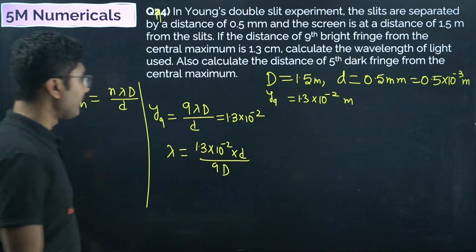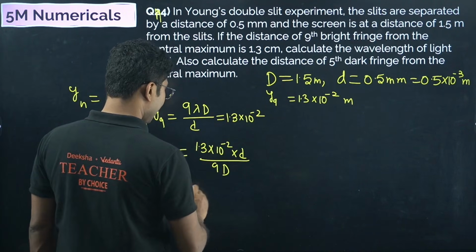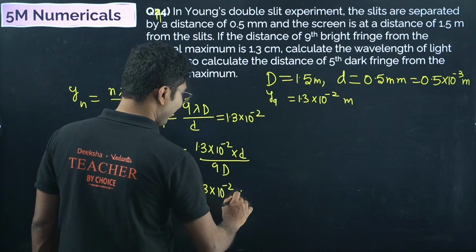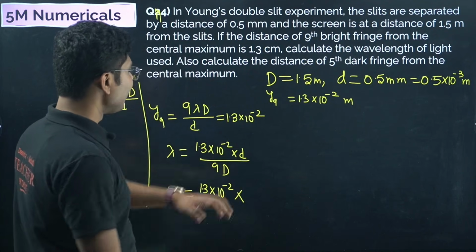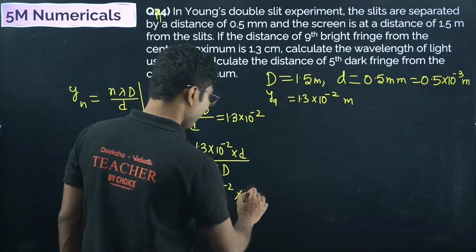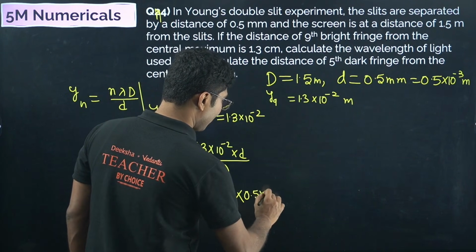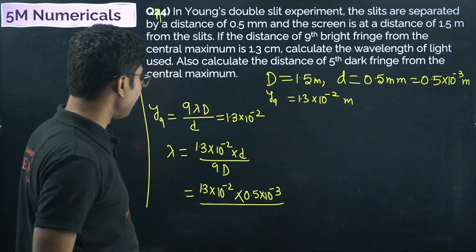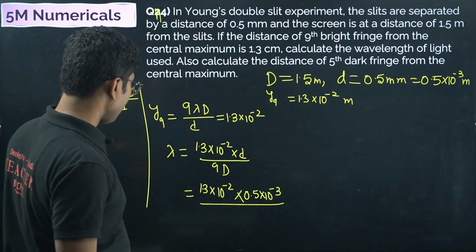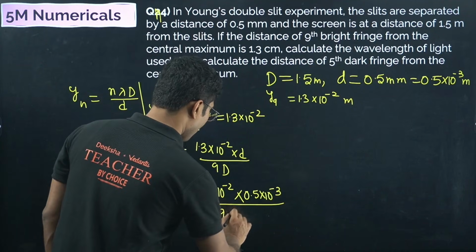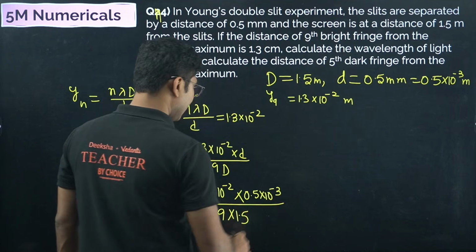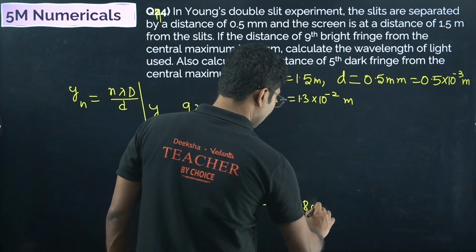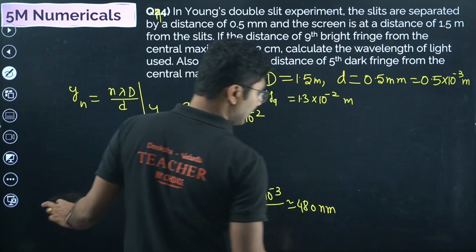Okay, so now put the value. 1.3 into 10 to the power of minus 2, so if you know what I am talking about, mention that in the comment. Small d is 0.5 into 10 to the power of minus 3, and this will be divided by 9 into 1.5, and you will get this as approximately 480 nanometer, right?